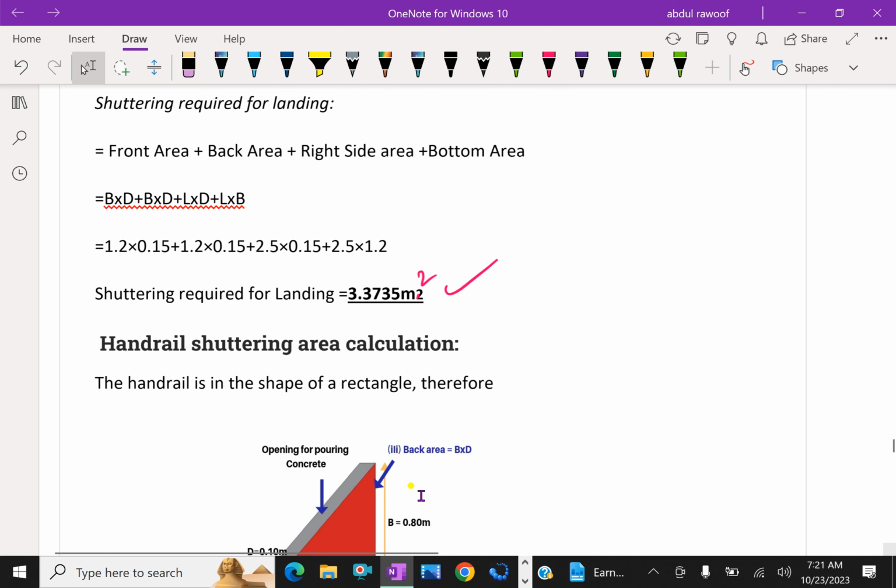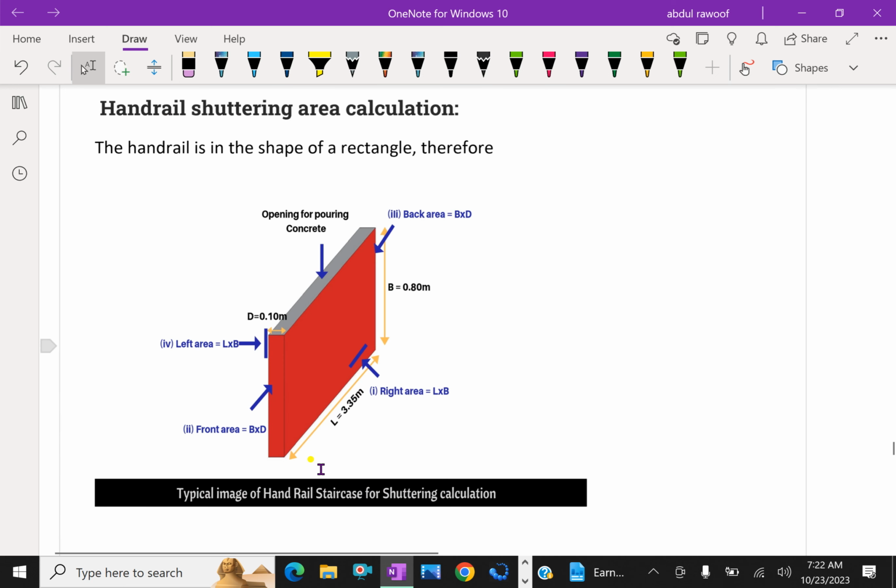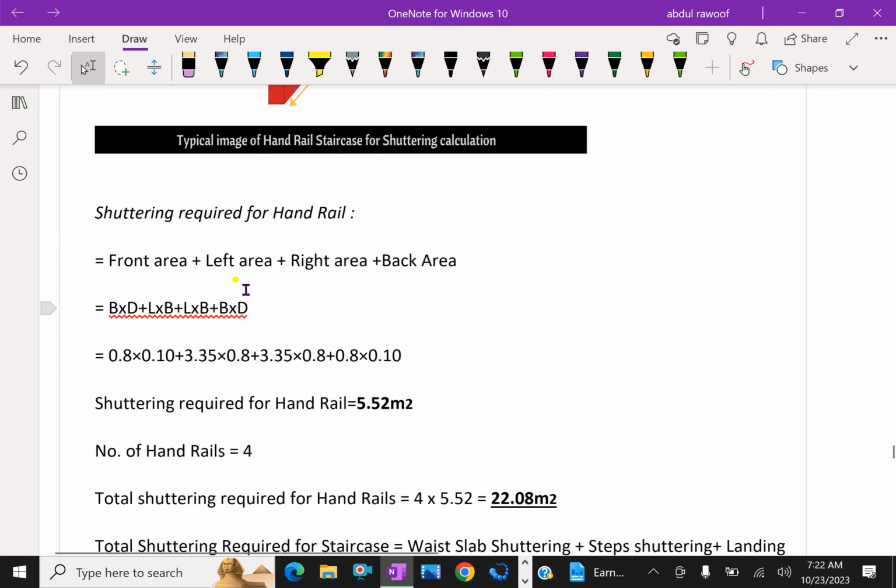Handrail shuttering area. Look at this handrail. Handrail has front area and back area, and the opening for pouring concrete is not shuttering. Bottom also is not shuttering because it's on the steps. So handrail is in the shape of a rectangle. Shuttering area of the handrail is front area, left area, right area, back area.